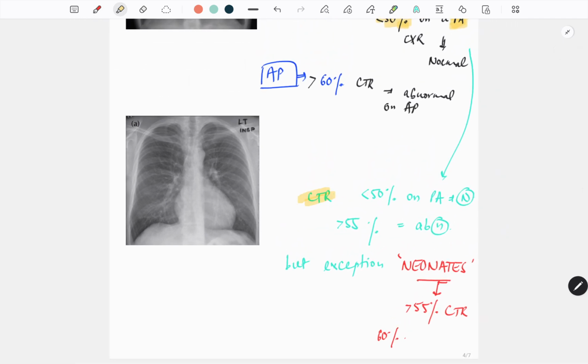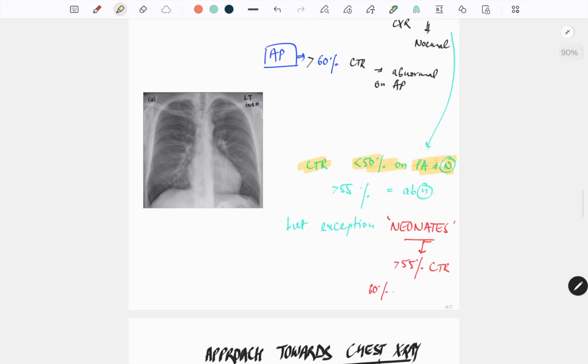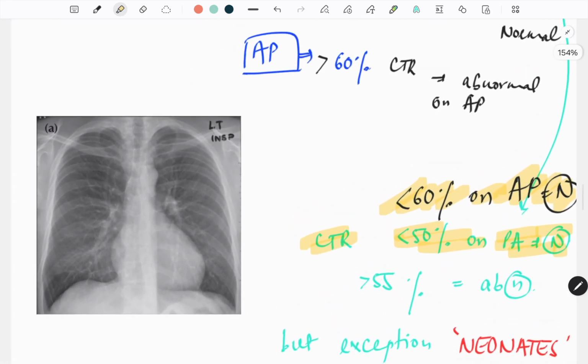So a cardiothoracic ratio of less than 50% is considered normal on a PA radiograph, whereas the same CTR of less than 60% would be considered normal on an AP radiograph. And what is the reason for that?